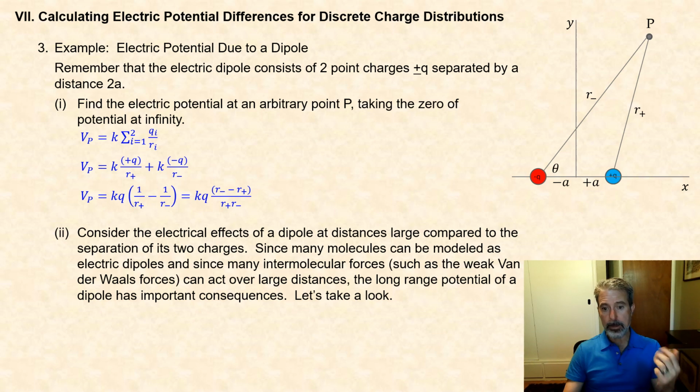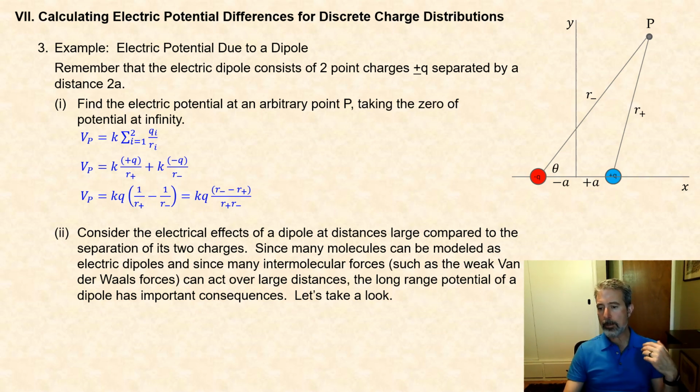I say here many molecules can be modeled as electric dipoles. We can say that one side of the molecule acquires a slight positive charge, and on the other side a slight negative charge, if it is a polar molecule.